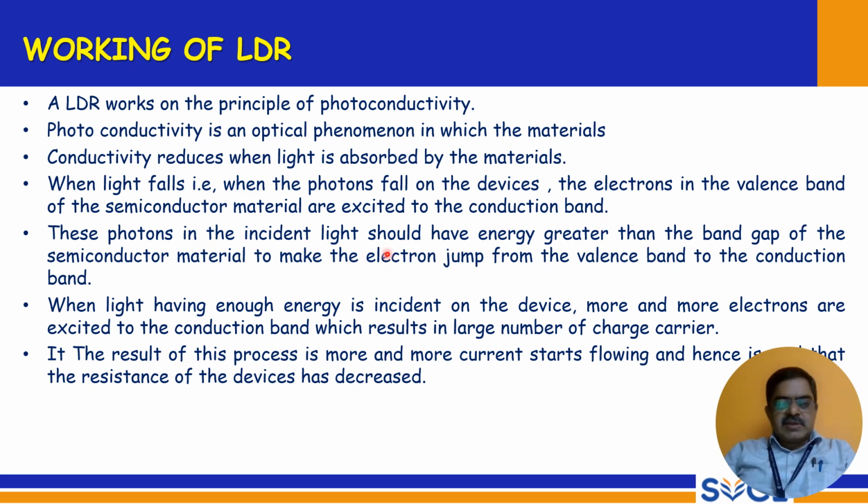The photons in the incident light should have energy greater than the band gap of the semiconductor material to make the electron jump from the valence band to the conduction band. When light having enough energy is incident on the device, more and more electrons are excited to the conduction band, which results in a large number of charge carriers. As a result of this process, more and more current starts flowing, and hence the resistance of the device decreases, and there is a variation in resistance taking place.